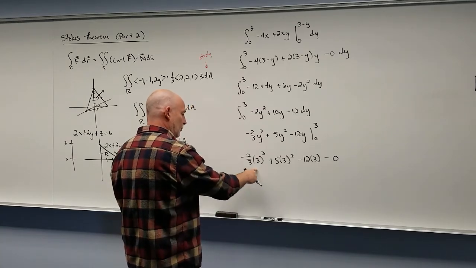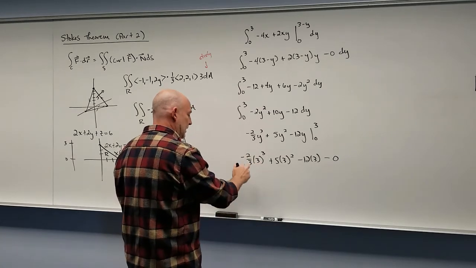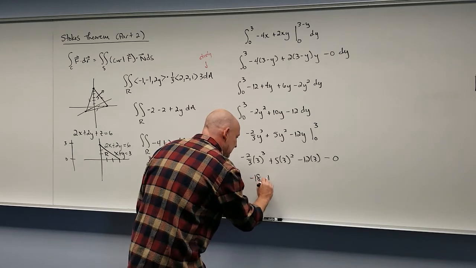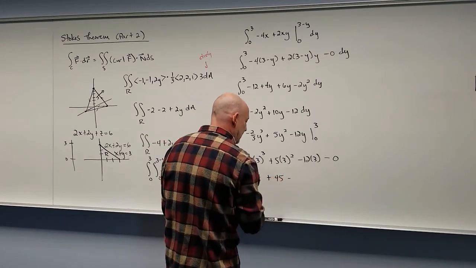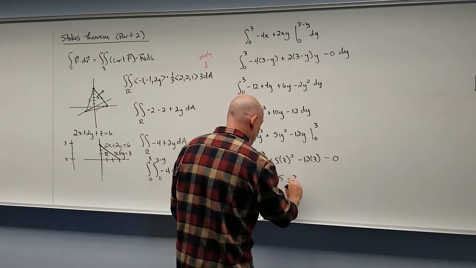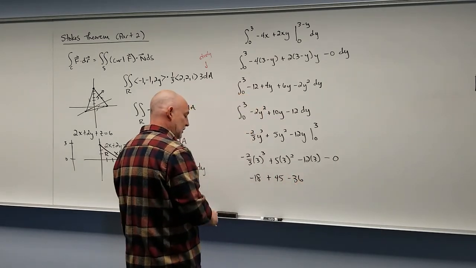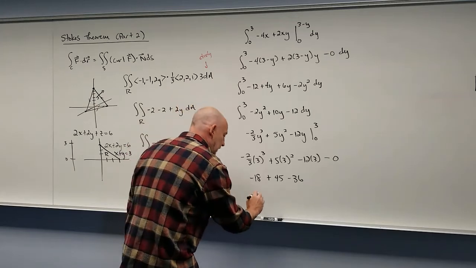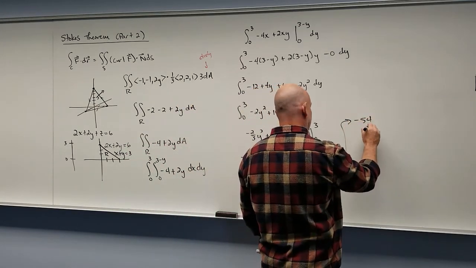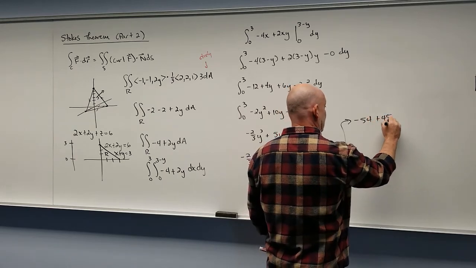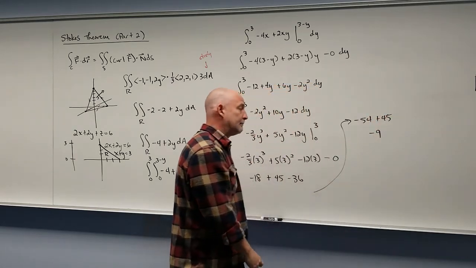So what do we end up with here? One of these 3's cancels. That gives me 9 times 2, which is -18, plus 9 times 5, which is 45, minus 3 12's, which is 36. So we get -54 plus 45, which is -9.